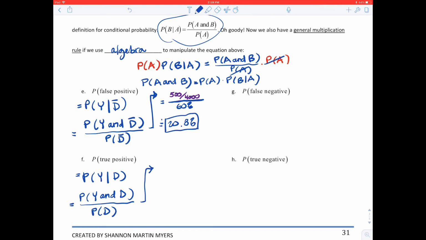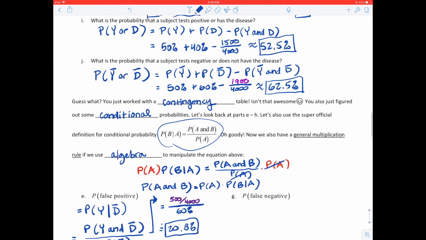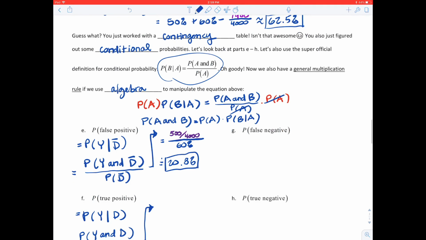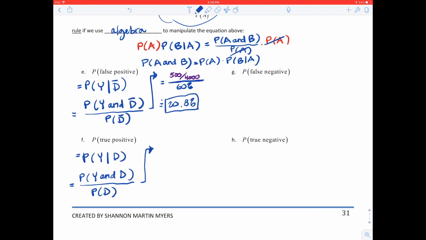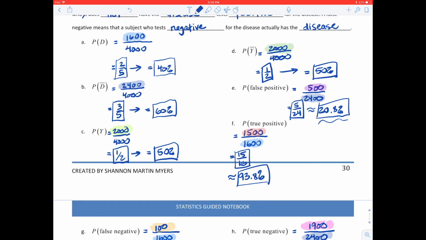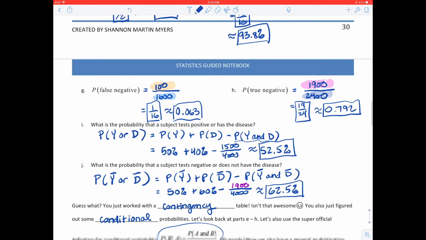We got these probabilities earlier: the probability of Y and D was 1,500 over 4,000, divided by the probability of having the disease, which was 40%.